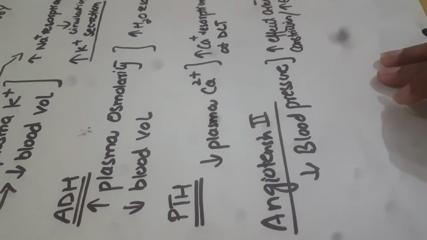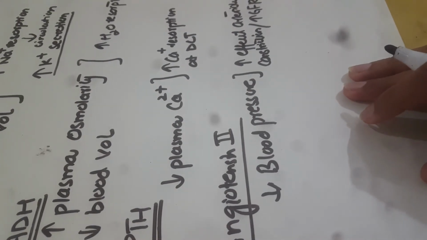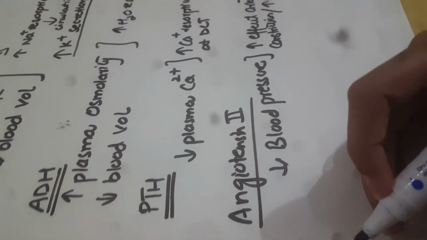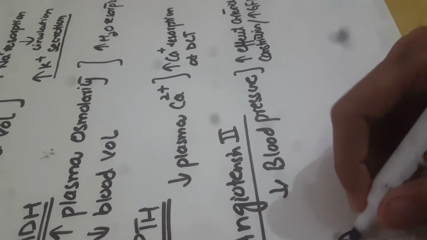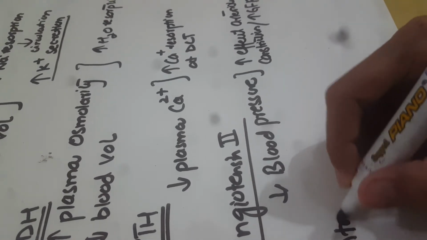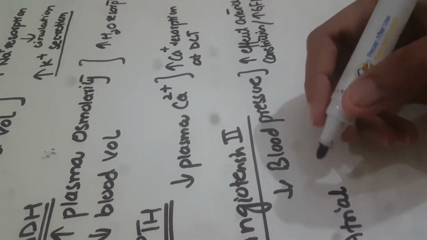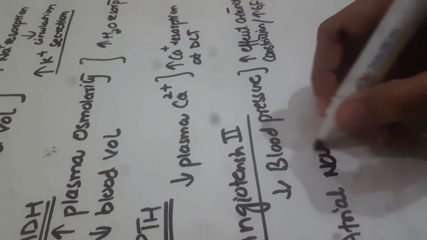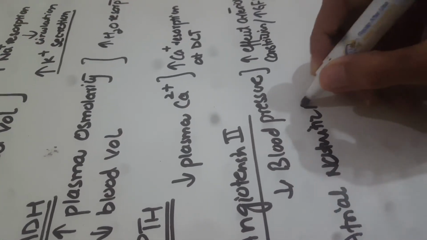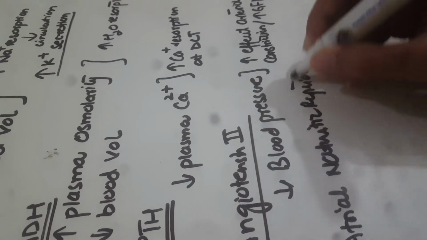Right? The last one that acts on the kidney is atrial natriuretic peptide. When does it secrete?